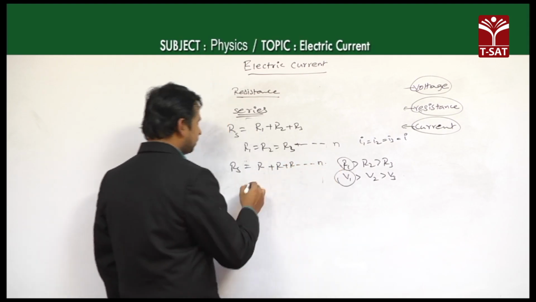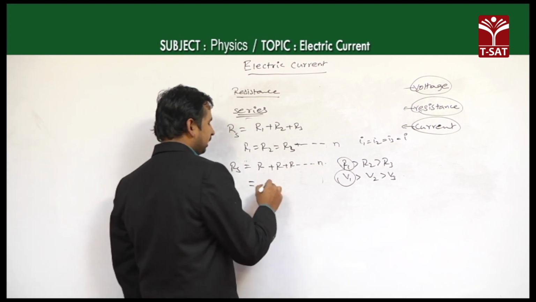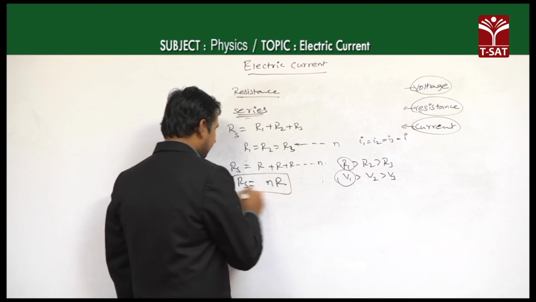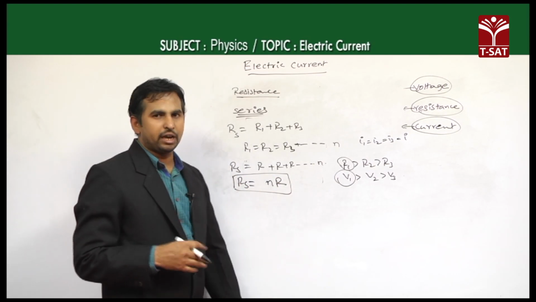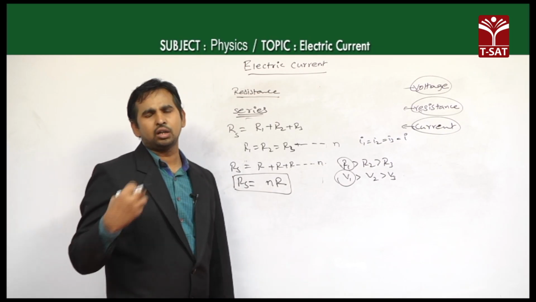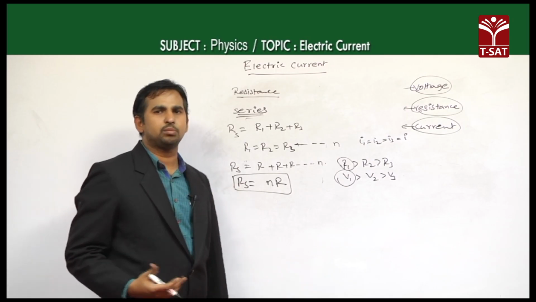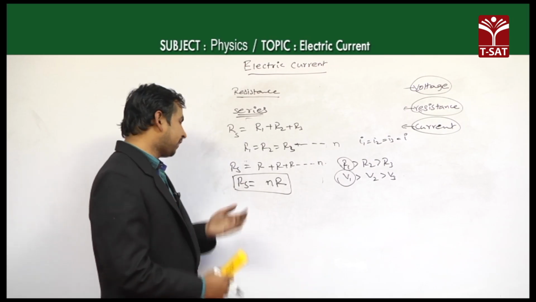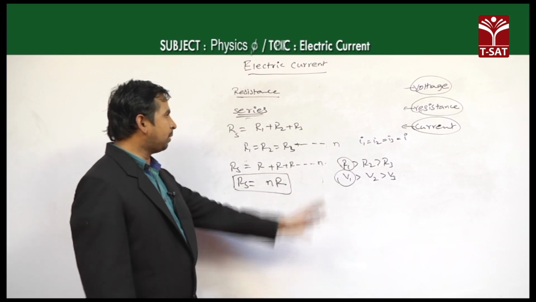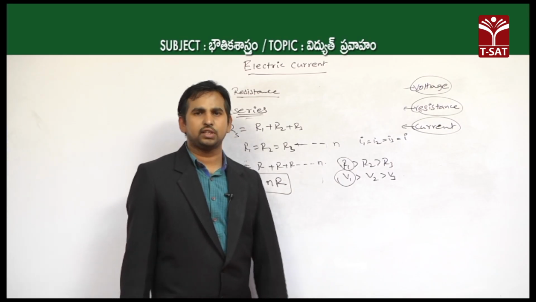As we are taking n number of resistors, the RS value becomes nR. Like the equivalent resistance, if each resistance has R and you add that n number of times, then the final resistance becomes n into R.